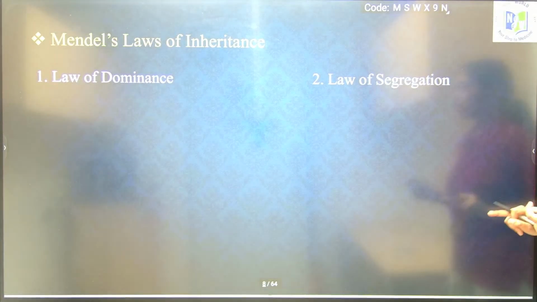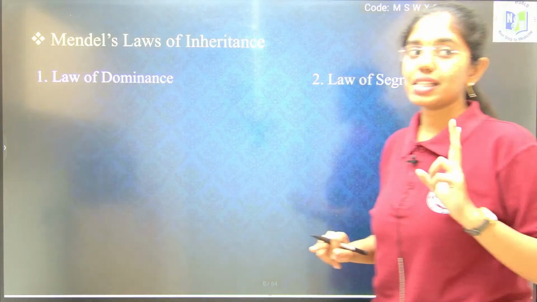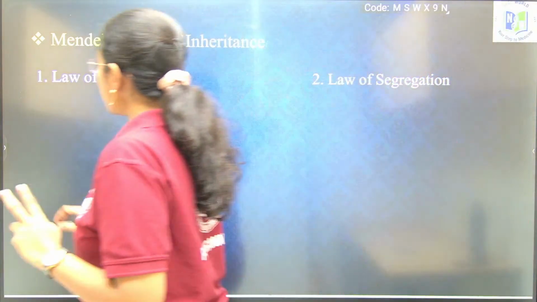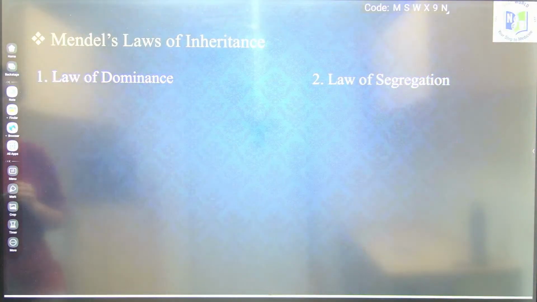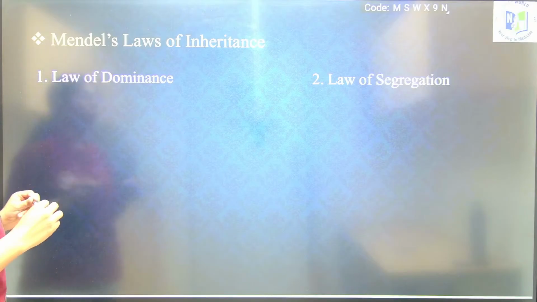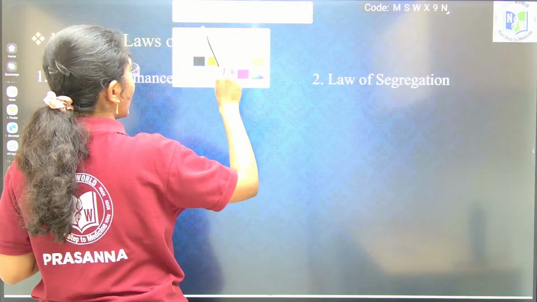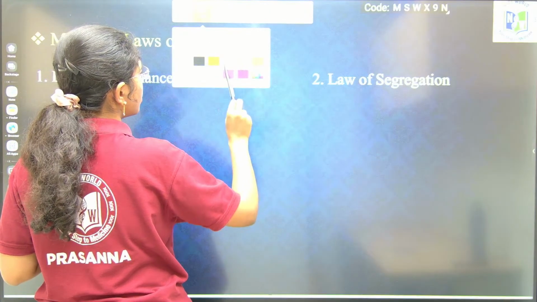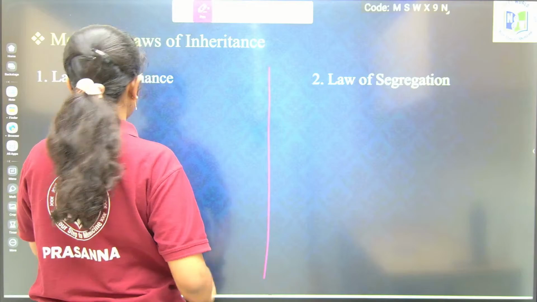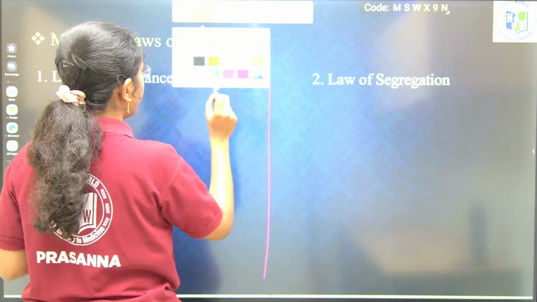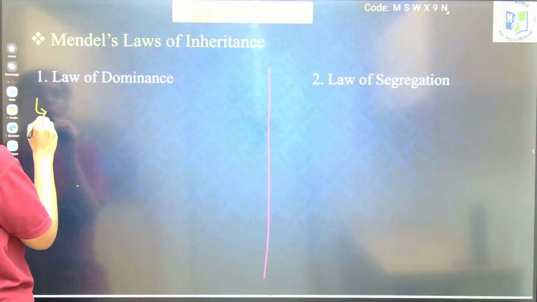Based on the monohybrid cross, Mendel has given two major, significant laws. Those are law of dominance and law of segregation. What does law of dominance say? Law of dominance says that characters or traits occur in pairs.